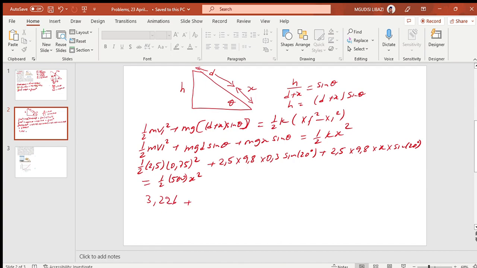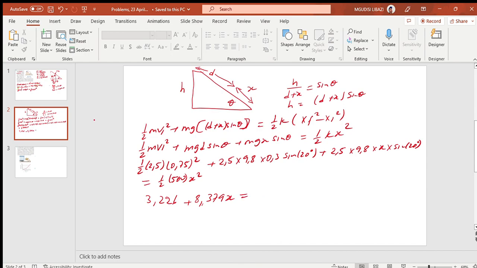Then plus 2.5 multiplied by 9.8 multiplied by sine of 20, and I get a value of 8.379x. I know that this is equal to 1 over 2 multiplied by 500, which is 250, multiplied by x squared.